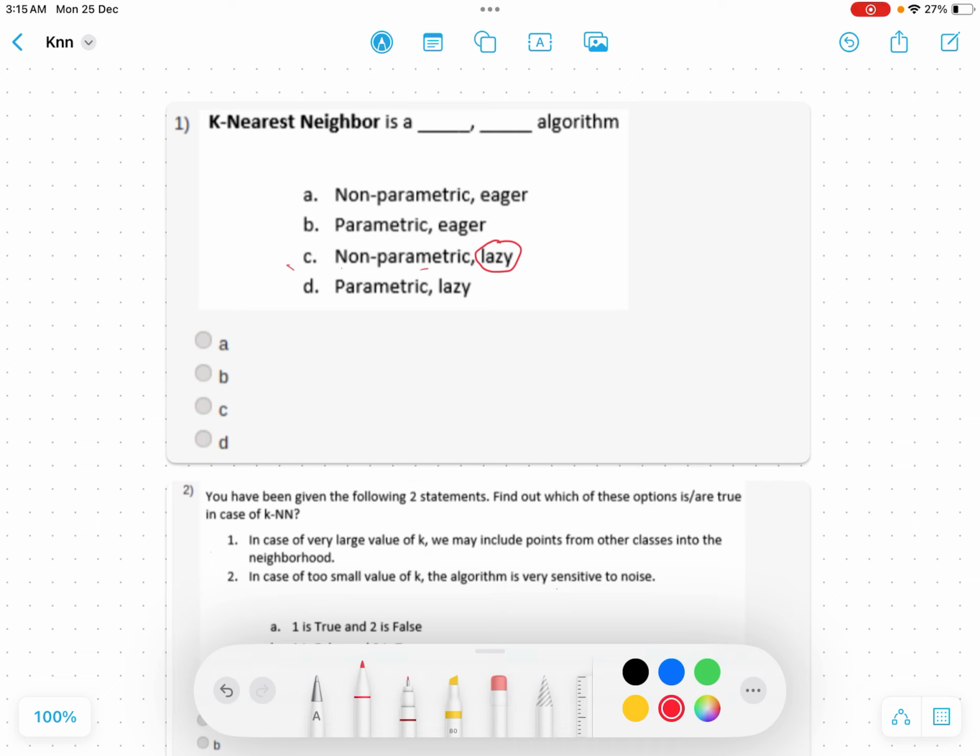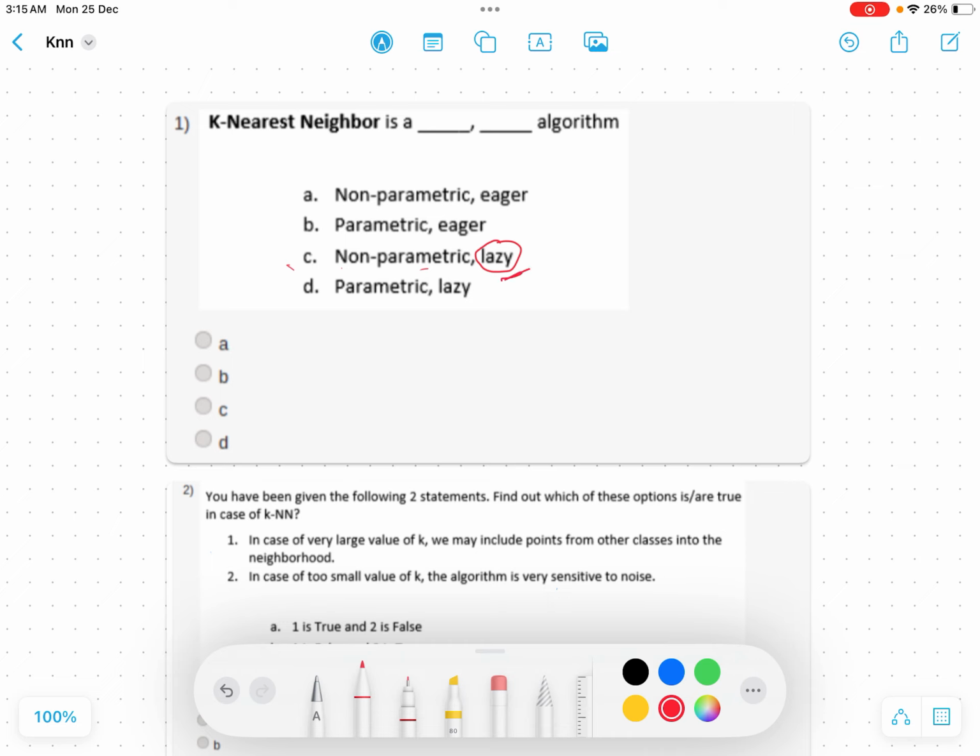If k is very large, it is going to compute all those distances. It takes a longer time during test time in comparison to learning time. So its test time is going to be greater than the learning time. So that is why we call it lazy.